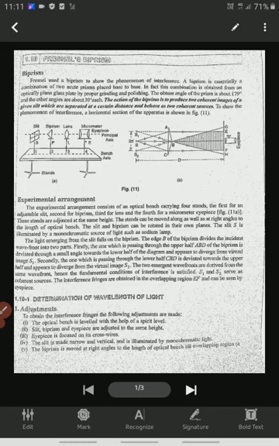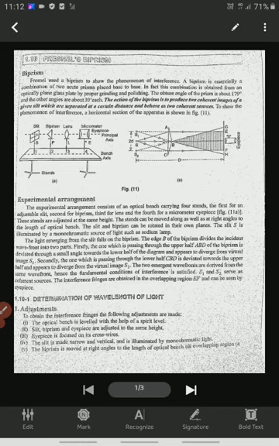The ultimate purpose of the Fresnel biprism is that it divides one source into two coherent sources.